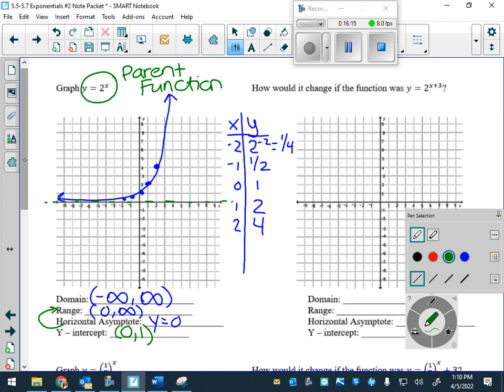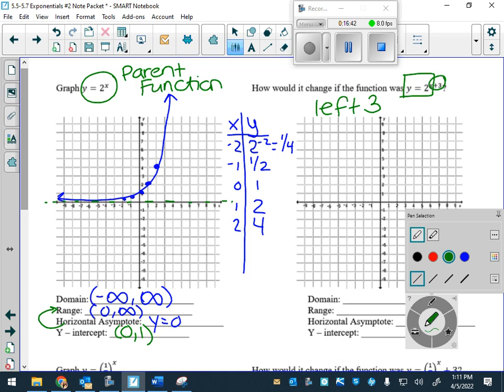So our parent function would still be 2 to the x. So we would use the same table of values here, okay? But since our exponent has the x plus 3, it's attached to that x. So x plus 3 means we are moving this whole graph to the left 3.